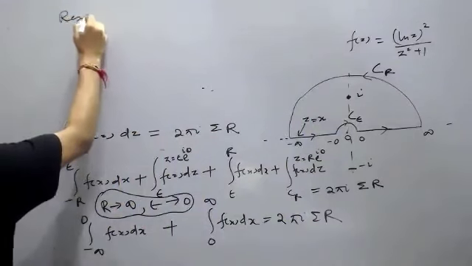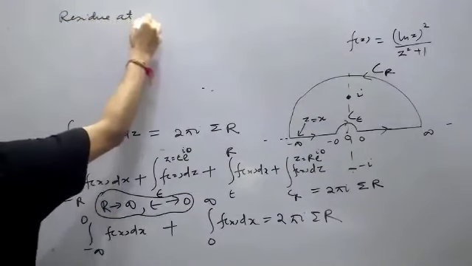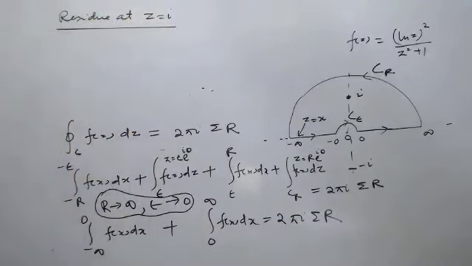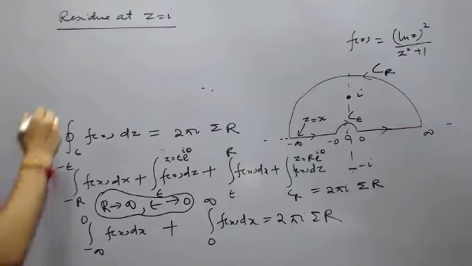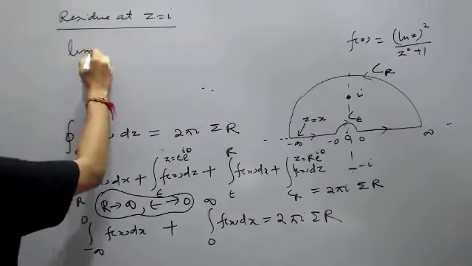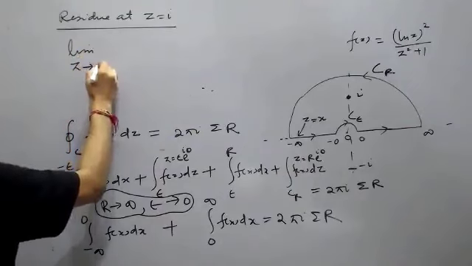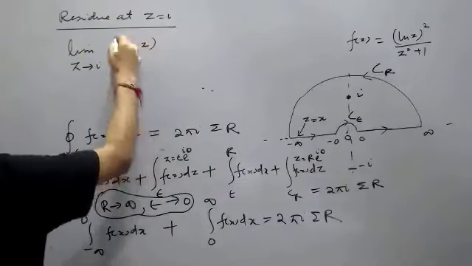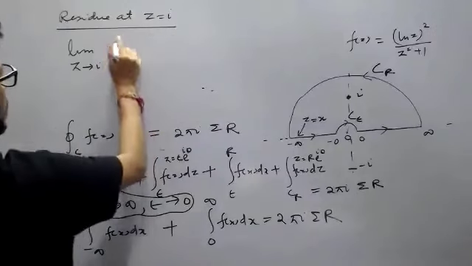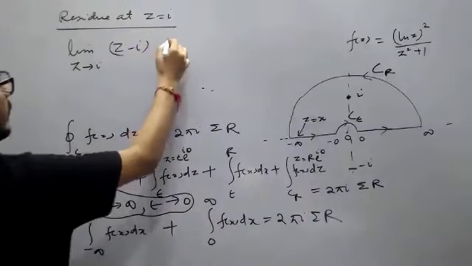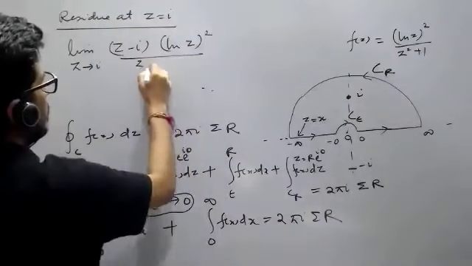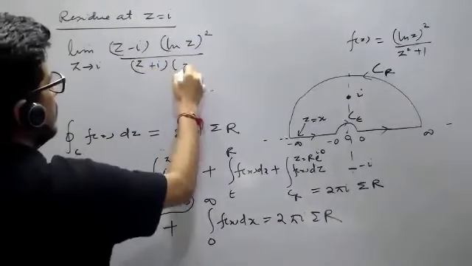So residue at z is equal to iota. What will happen? Limit z tending towards iota of z minus iota times log of z square upon z plus iota z minus iota.